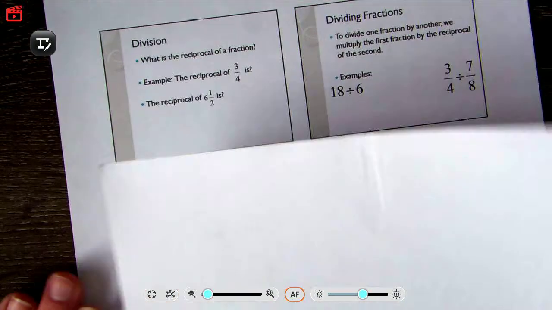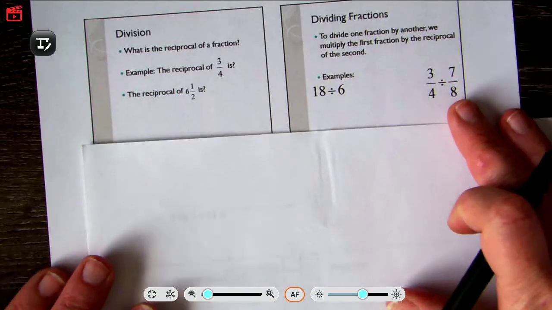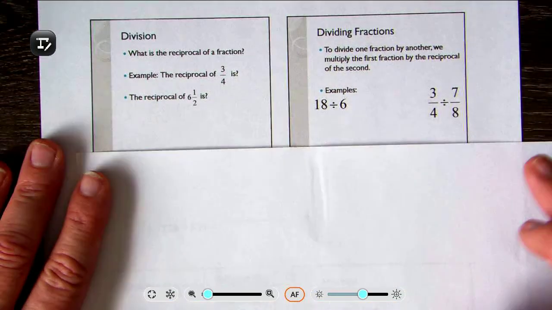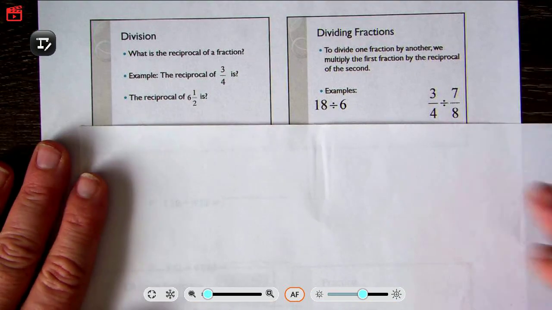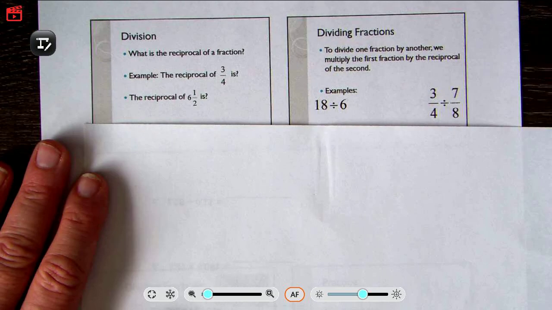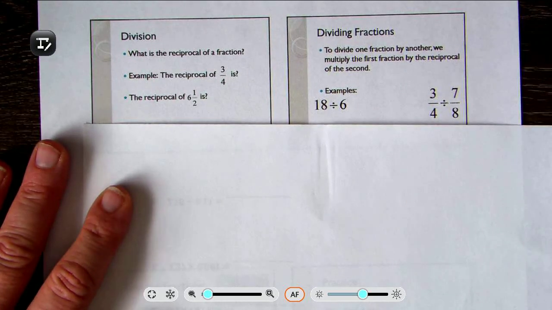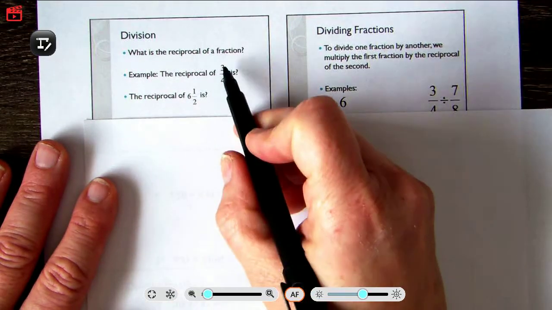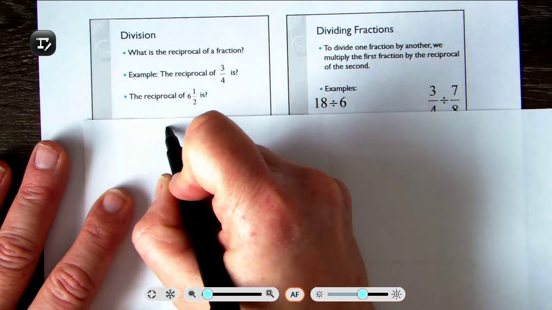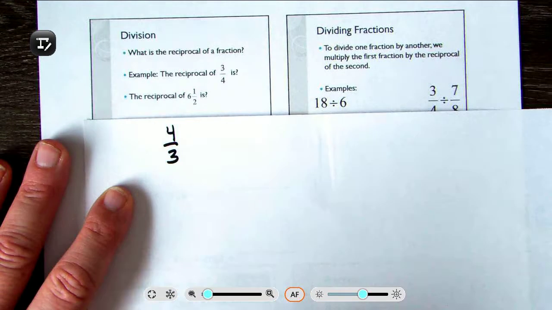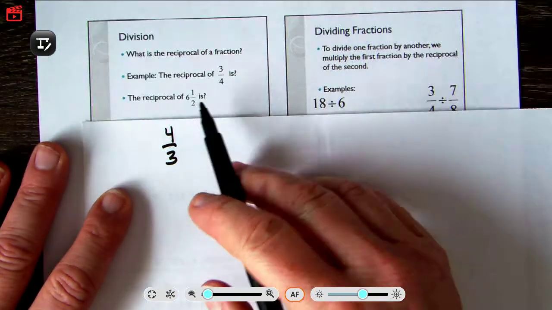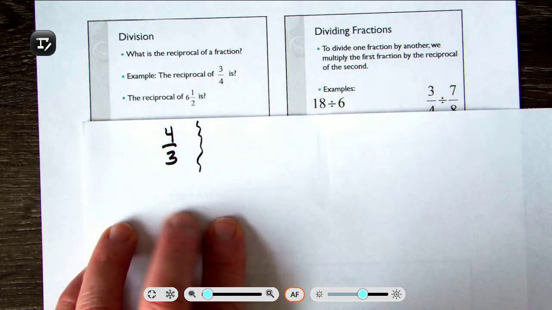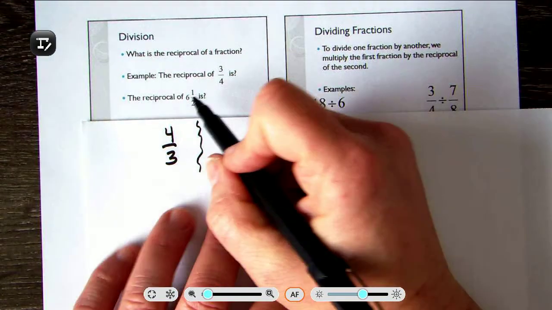Dividing is not that much more difficult, but we do have to introduce a topic called the reciprocal. The reciprocal of a fraction is basically the switching of the numerator with the denominator. So the reciprocal of 3/4 is 4/3. Now the reciprocal of 6 1/2, we first have to write that 6 1/2 as an improper fraction.